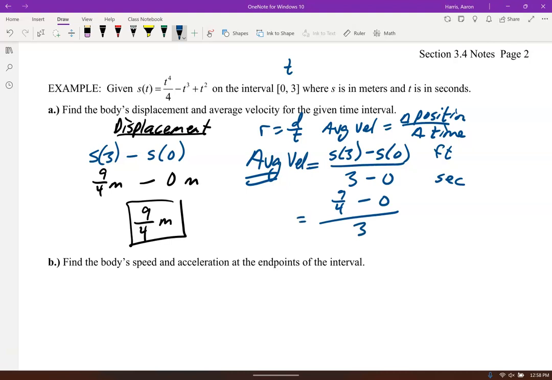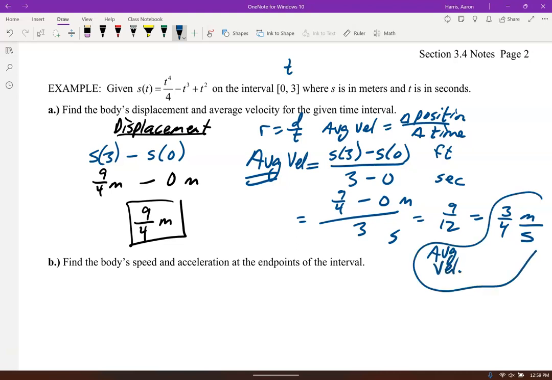So we just end up with 9/12 or 3/4. Now this is meters, that's seconds. This is meters per second. So average velocity here is 3/4 meters per second, 0.75 meters per second, is your average velocity. Okay.